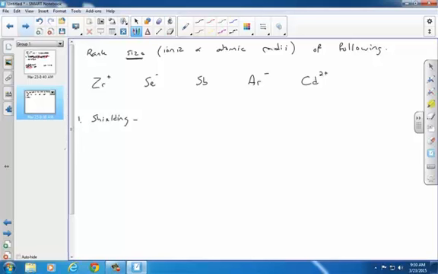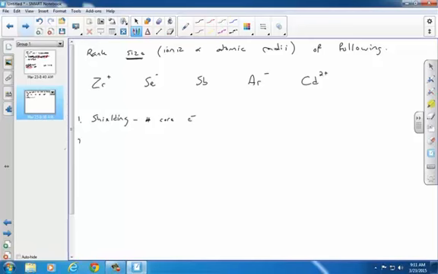So when we're looking at shielding, the first thing we look at is the number of core electrons, and that may be enough to help us figure out which one should be larger and which should be smaller. If there's significant differences here, then we can just rank them based on that.